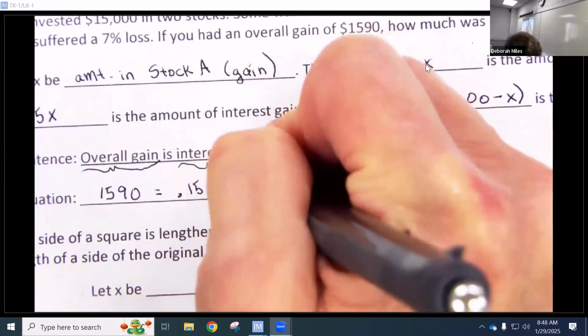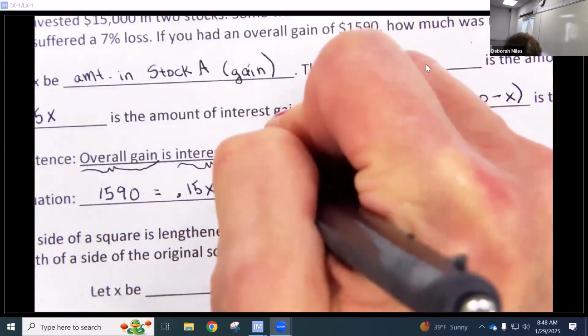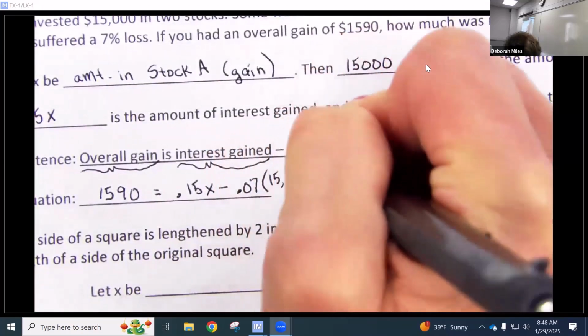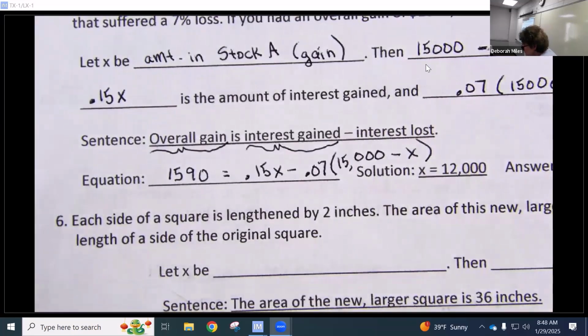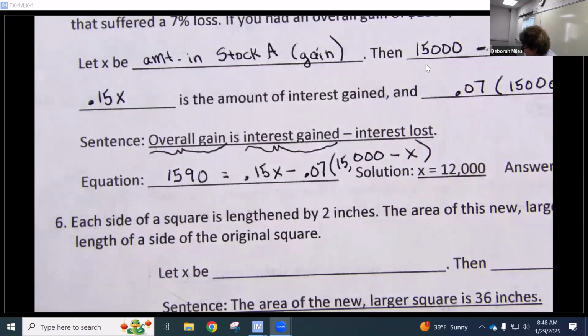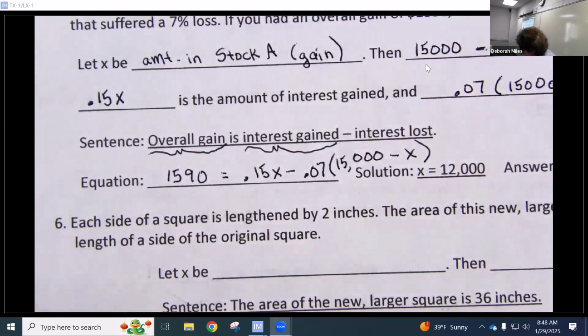Which I really didn't leave you enough room for. That equation doesn't make sense, but the words do. The solution to the equation is X equals 12,000, but what's the answer to the question?